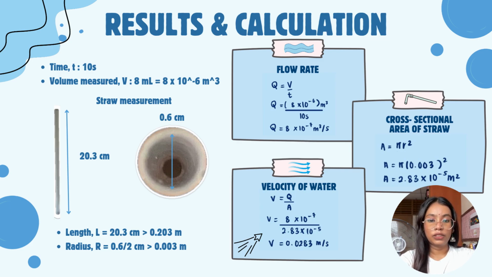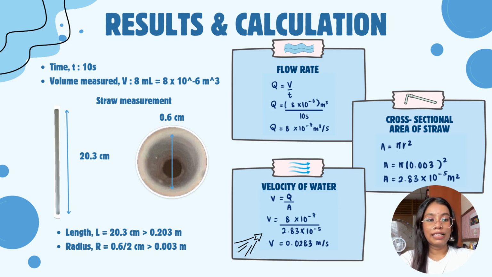Using these values, we first calculated the flow rate using the equation Q equals V divided by t, where Q is flow rate, V is volume, and t is the time. So when we substitute, Q equals 8 times 10 to the power of negative 6 divided by 10 seconds, we got a flow rate of 8 times 10 to the power of negative 7 cubic meters per second.